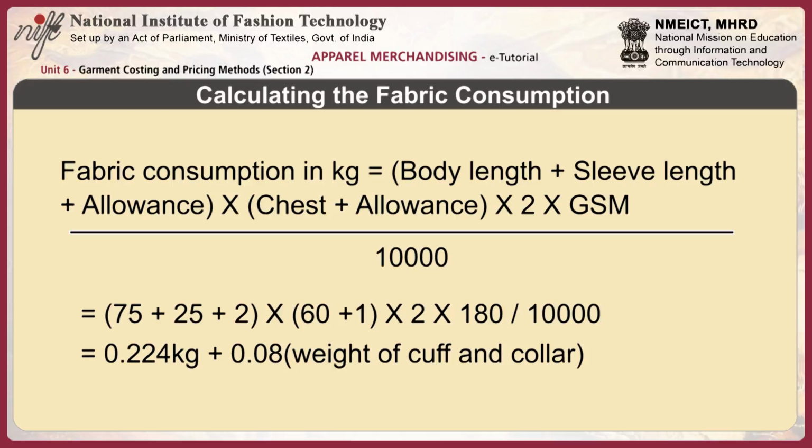If you put the values in place, it is 75 plus 25 plus 2 multiplied by 60 plus 1 multiplied by 2 multiplied by 180 GSM upon 10,000, that is equal to 0.224 kgs, plus the weight of cuff and collar is 0.08 kgs. So that gives the total consumption of the fabric.